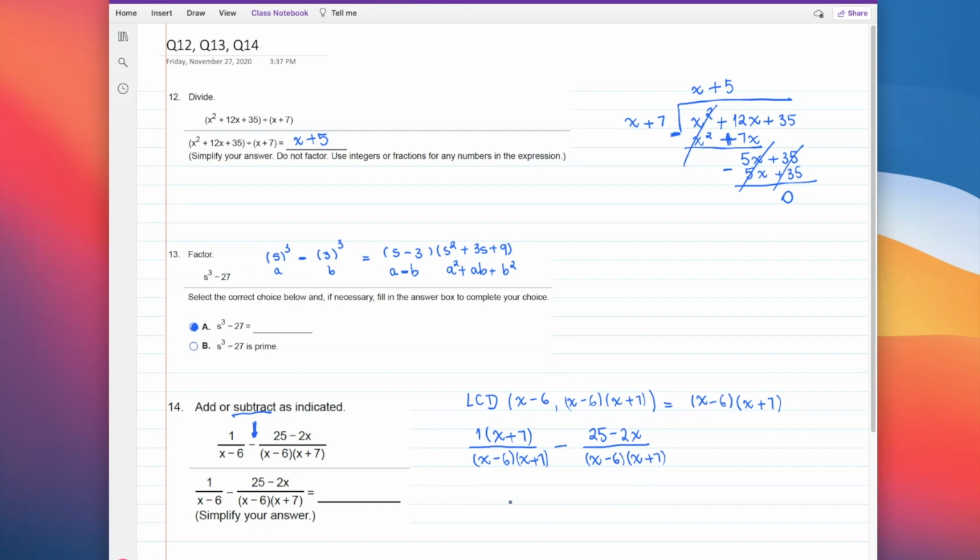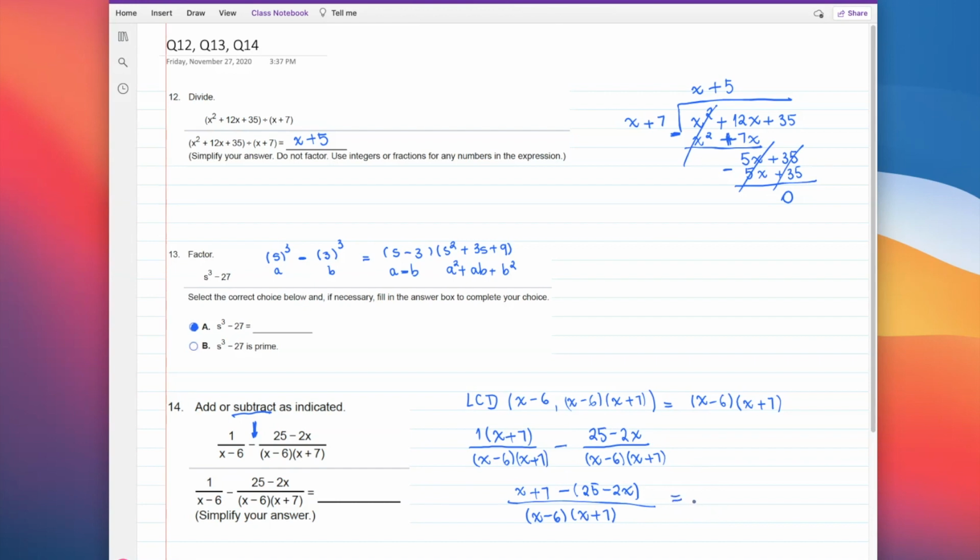What I can do is write both under the same denominator and then subtract the numerators. The first one is x plus 7. Distributing 1 doesn't change anything. Minus 25 minus 2x, because I'm subtracting this whole expression, so I put it between parentheses.